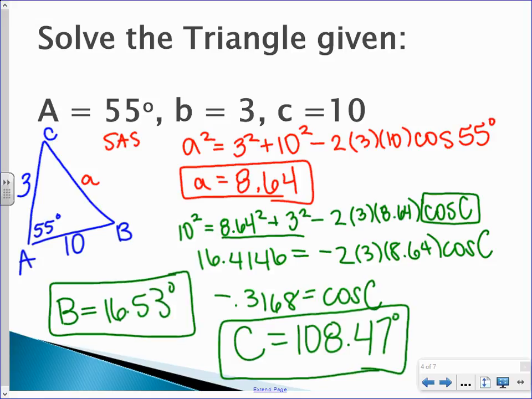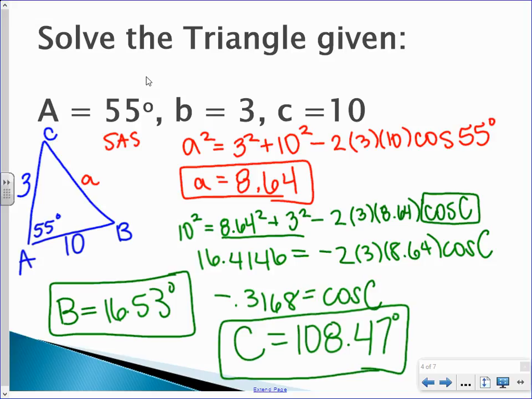Are the biggest angles across from the biggest sides, smallest across from the smallest? Okay, so our triangle makes sense. Let me ask you this. If we were to switch to the law of sines, I'm actually very glad that you picked angle C. If we were to use the law of sines to find angle C, would it have given us 108.47?